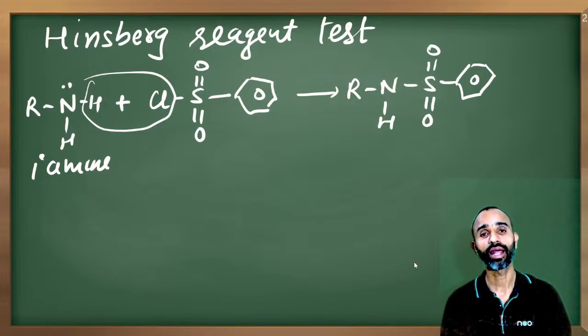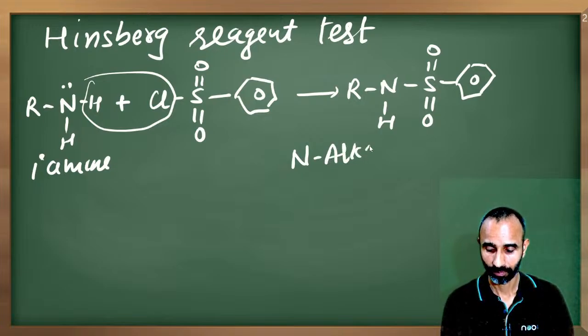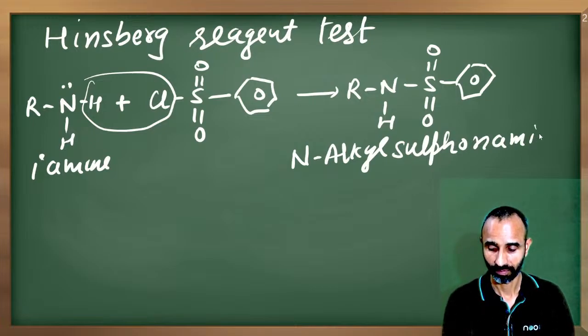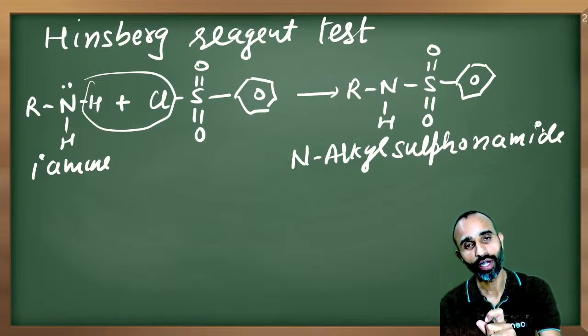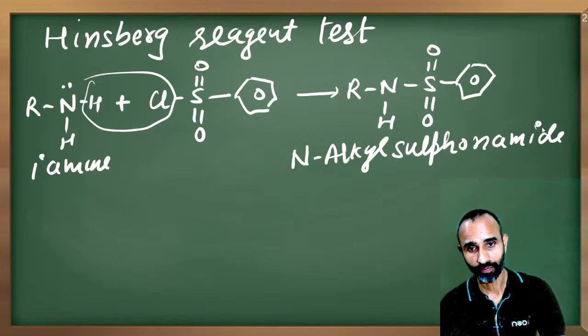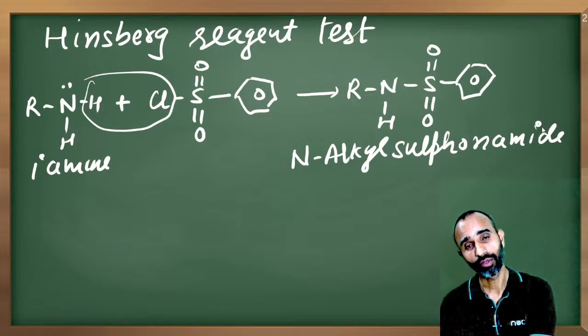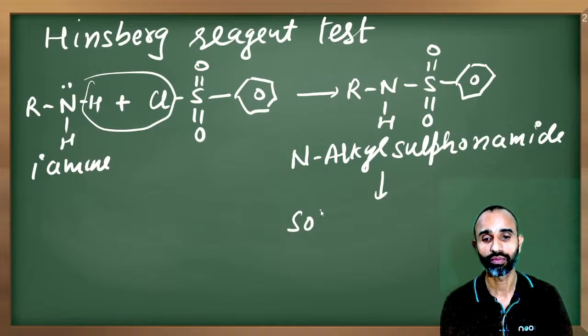We get N-alkyl sulfonamide. Now in N-alkyl sulfonamide, you know, there is an NH bond, there is a hydrogen atom. First, the primary amine reacts with benzene sulfonyl chloride because there are NH bonds. After reaction, even then there is an NH bond which is highly acidic, and therefore the product formed is soluble in alkali.